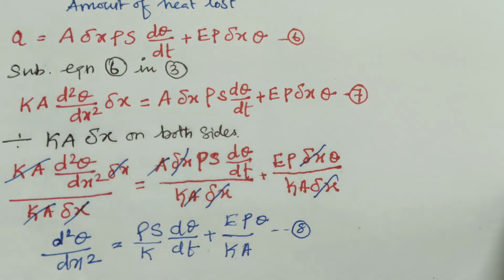The first condition, the heat lost by the radiation is very negligible. So negligible means the rod மேலே ஒரு insulating material cover பண்ணுறோம். அப்போ the dissipation of heat or emissive power of heat is almost 0. இப்போ negligible அப்படின்னா இங்கே இந்த formula நீங்கள் apply பண்ணால் பாருங்கள், இது fullஆகவே 0 ஆகிடும். 0 ஆகிட்டால் remaining இருக்கிறது d square theta by dx square equal to rho s by K into d theta by dt. இந்த term fullஆகவே 0 ஆகிடும், ஏன்னா emissive power எதுவும் இல்லை.